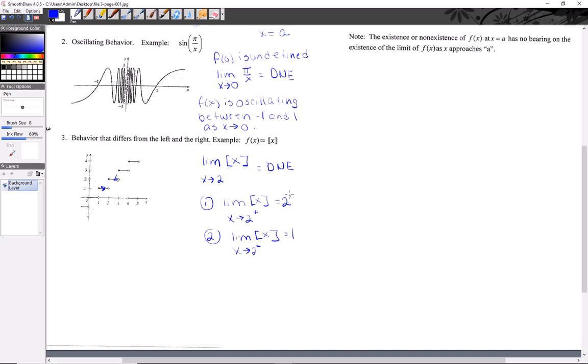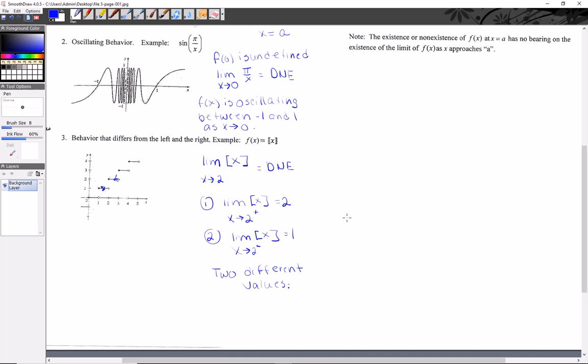So you can see that these are two different values. And that's why this limit overall from both sides doesn't exist. That's much like what we had in example 3.